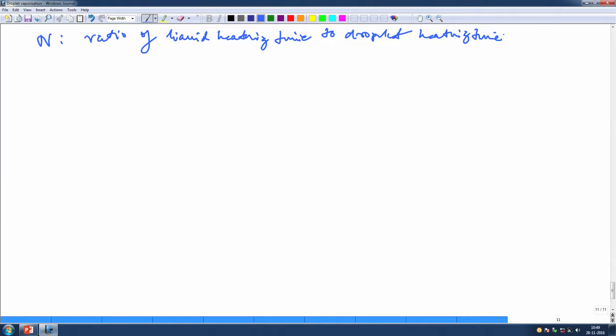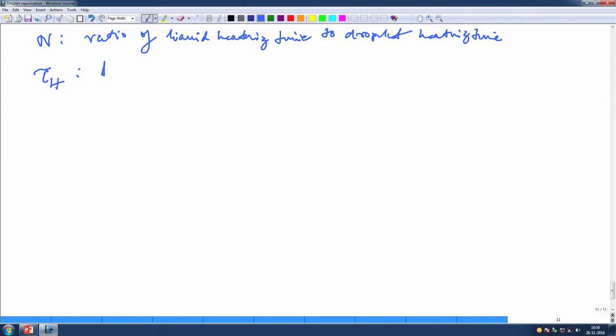Right. So, there are two times, the droplet heating time and the liquid heating time, and there can be a very significant way of finding this. Okay. So, let us assume the liquid heating time is governed by tau h, right. So, what is tau h? Tau h is defined as the time required for a thermal wave which is originating at the droplet interface to move to the core, right.